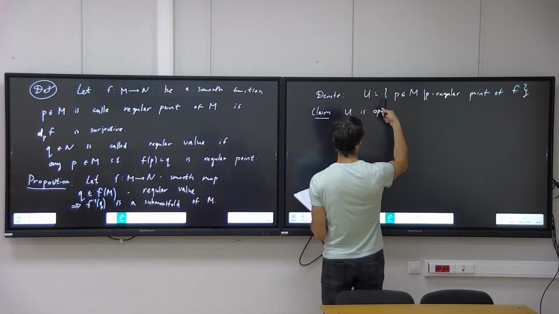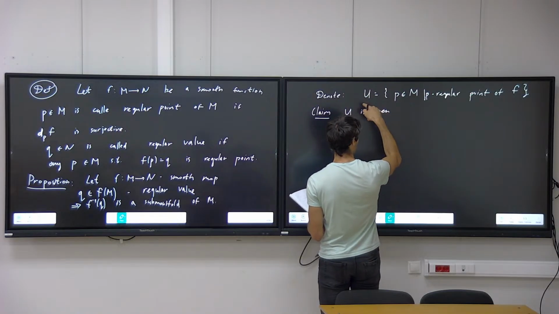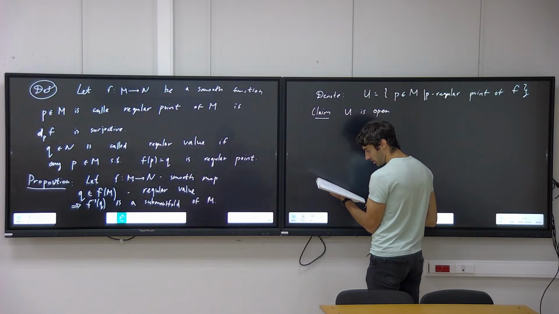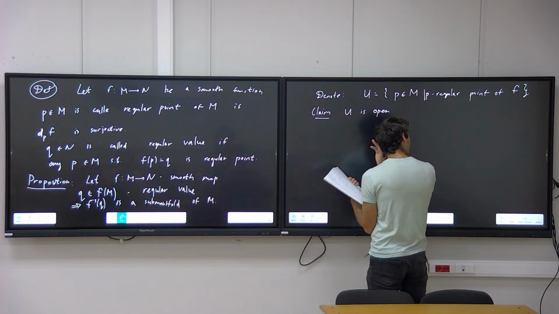But how do I want to see that this is a submanifold? Well, I just want to prove that it is open, and this is really easy.